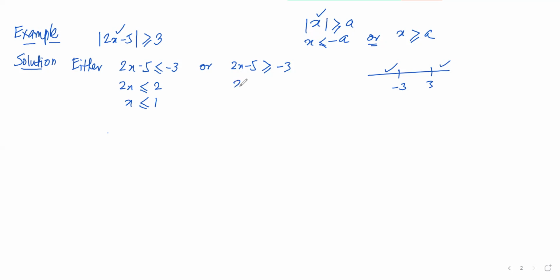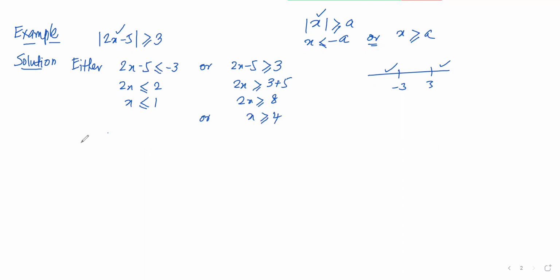And the second, 2x is greater than or equals to 3 plus 5. 3 plus 5 is 8 and x is greater than or equals to 8 over 2, which is 4.